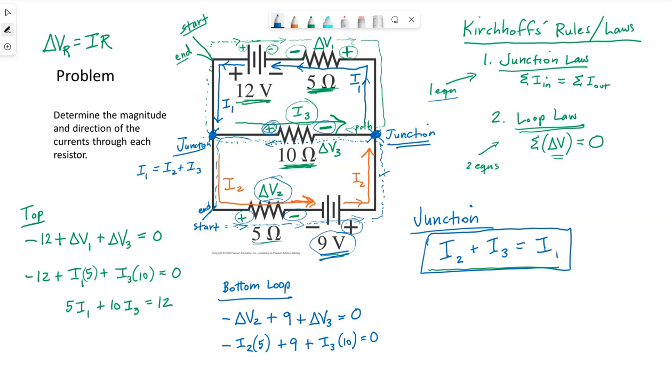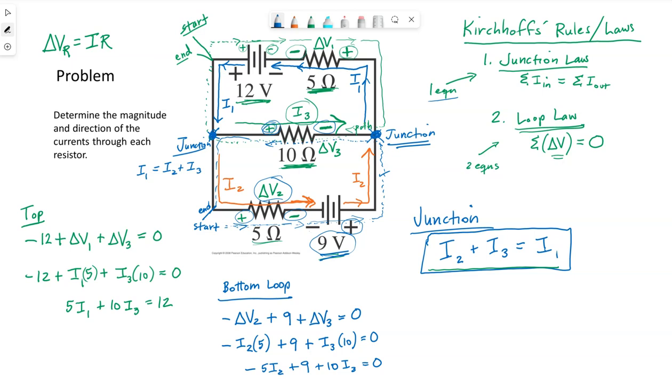So we have another equation here that tells us that minus 5I2 plus 9 plus 10I3 has to equal 0. Now, technically, we can solve the problem because we now have 3 equations and we have 3 unknowns.